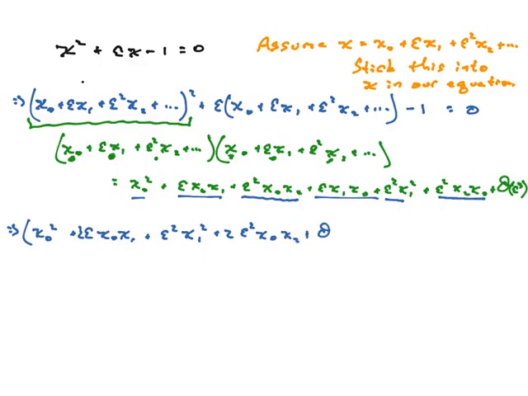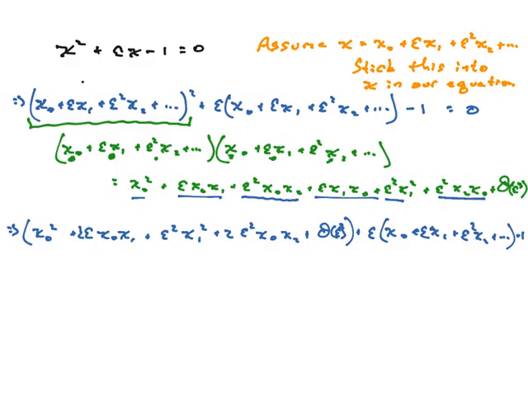And then order epsilon cubed. So there's my first parentheses squared. Then the next parentheses, epsilon x naught plus x1 epsilon plus epsilon squared x2 minus 1 equals 0. Okay.